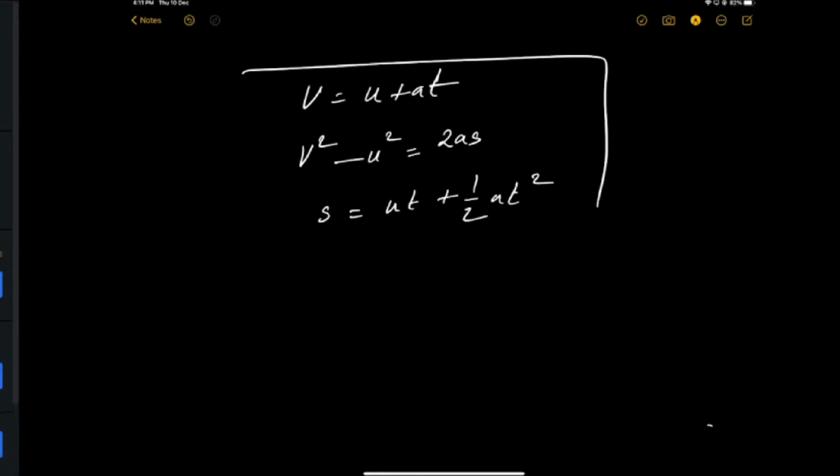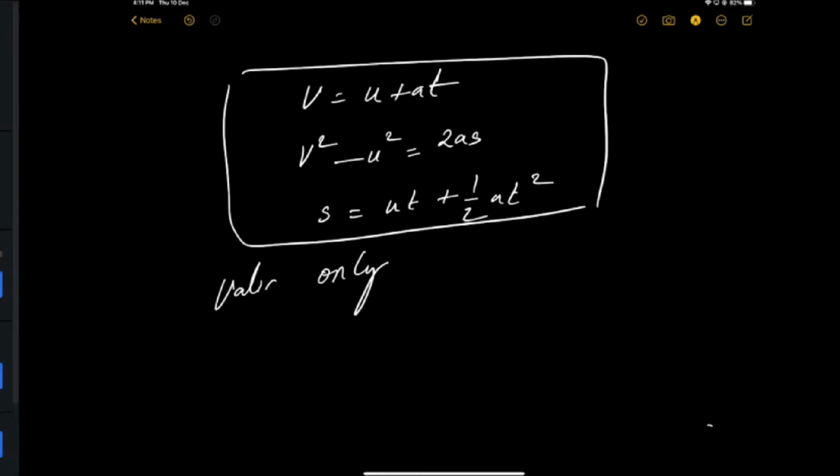These three equations are valid only for uniform motion. So which is the best example of uniform motion? Freely falling bodies. These equations are true only for uniform motion, and can be applied for freely falling bodies, which we will do. Clear?